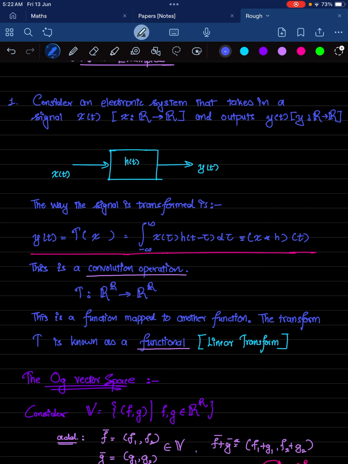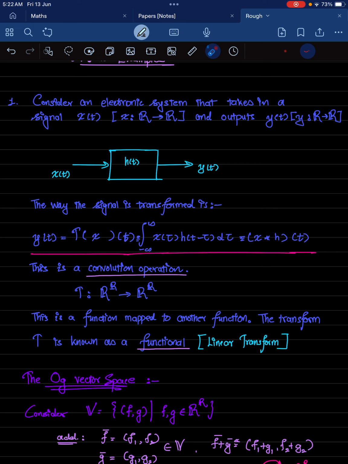This is T of x. So T of x is a function that corresponds to y, and T of x at any instant t is defined as an integral, and that integral is the integral of x of tau times h of t minus tau d tau.